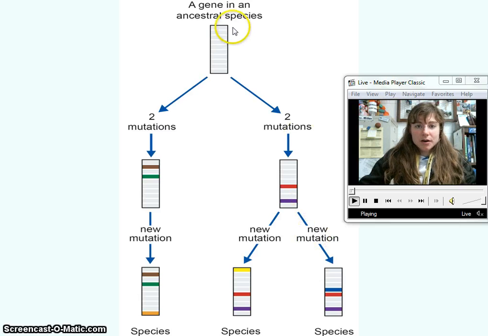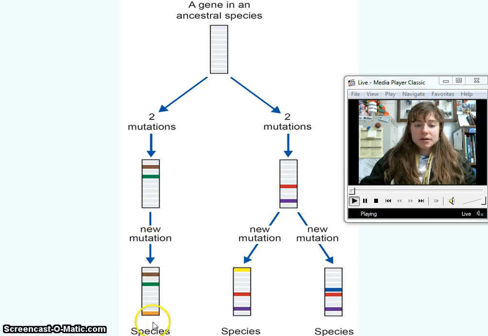This is an example of how we can use DNA similarities and differences to try to discern different organisms and their evolutionary relationship. Let's say we've got an ancestral species, and here is the DNA represented by both of them. Well, there's a branching that occurs, and this organism now has 2 mutations in a different place than this organism has developed 2 mutations.